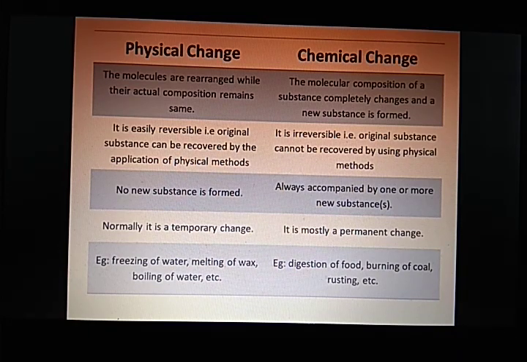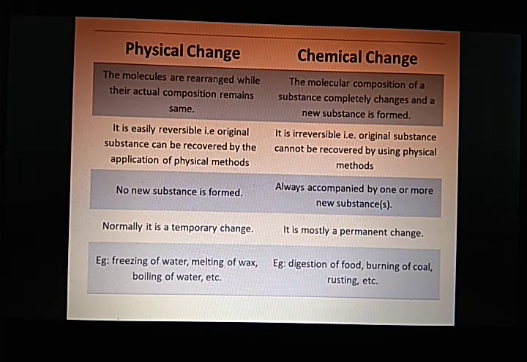But since it's reversible, I will be getting back the original substance, the reactants, once again. And for that, I'll not use any chemical reaction. I'll just change the temperature and the pressure, and I will get back the original substance. So for that reason, I mentioned chemical change is mostly permanent.